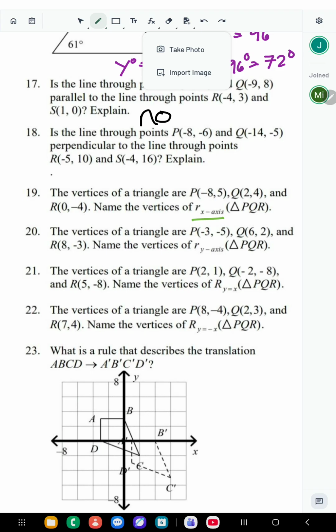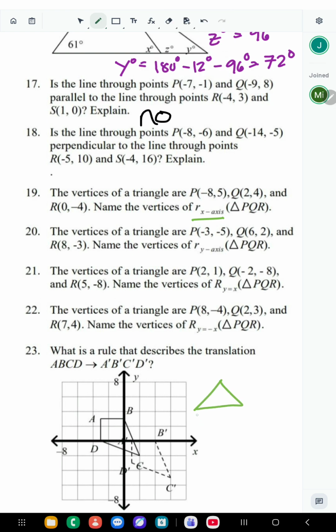So if we reflect this across the x-axis, that means we flip the triangle. If this is the triangle, then this is the x-axis, and we flip it, it would look like this.